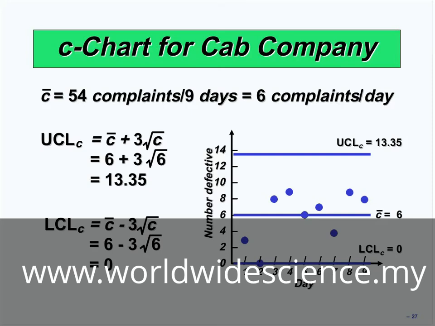The 54 complaints during 9 days gives you 6 complaints every day. It means 54 divided by 9 gives you 6. They have received 6 complaints per day. It gives you C bar. C bar is the number of defectives divided by sample size, here the sample day.